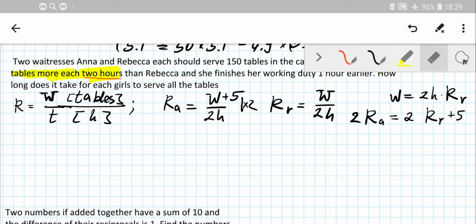So you can eliminate them, because hours is just units. So we've got a simple equation without any units. But we understand that the rate of something, like serving tables, is simply tables over time, over hour. So we've got one equation that connects the rates of each person.